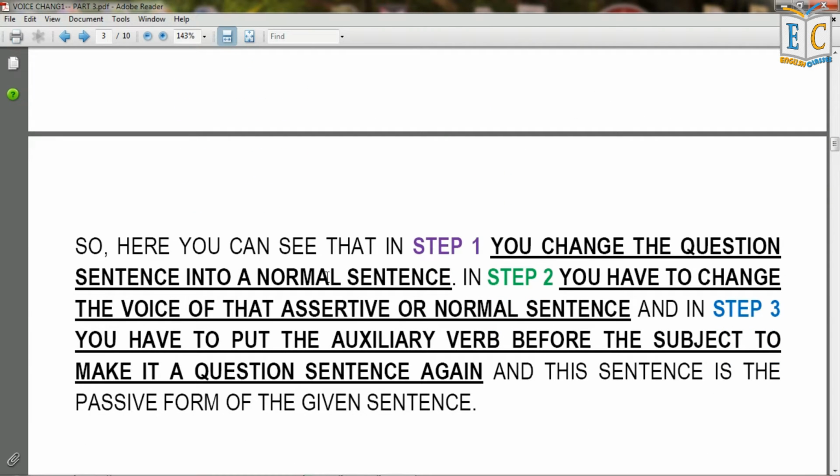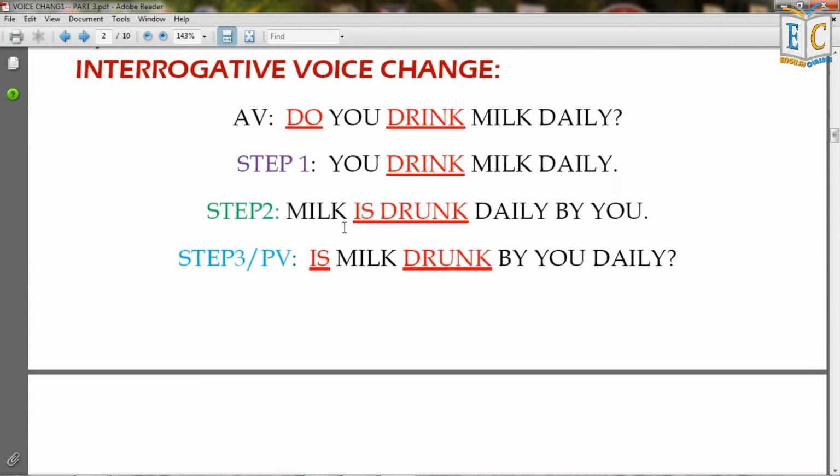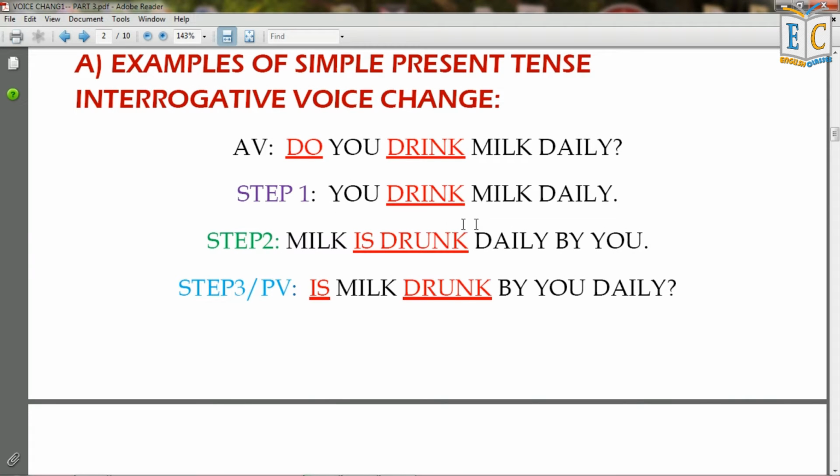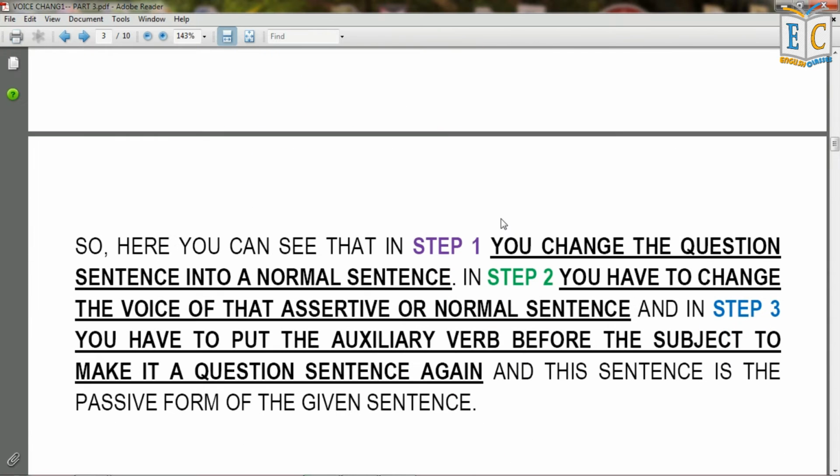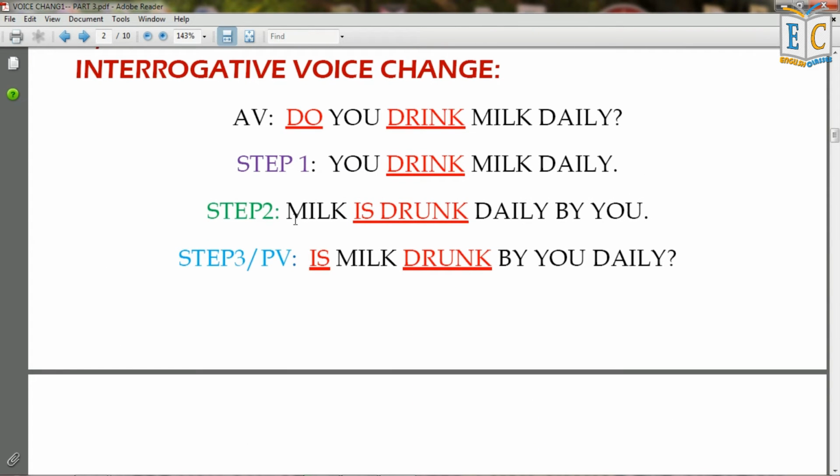So here you can see that in step 1, you change the question sentence into a normal sentence. In step 2, you have to change the voice of that assertive or normal sentence. In step 2, I have put the voice change of this sentence.